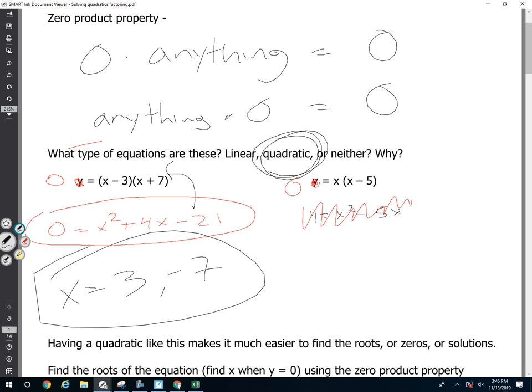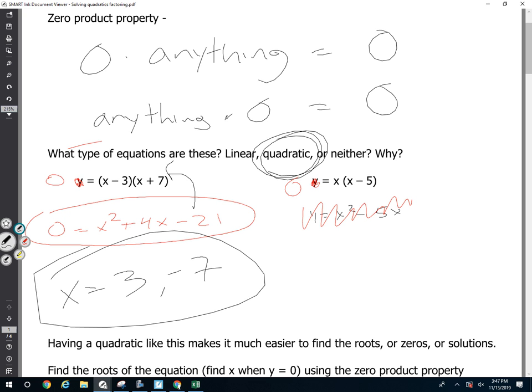Negative 7 squared is 49, because a negative times a negative is a positive. 4 times negative 7 is negative 28. 49 plus negative 28 is 21, because if I subtract 21, I'm going to get 0. And I know that's an answer.